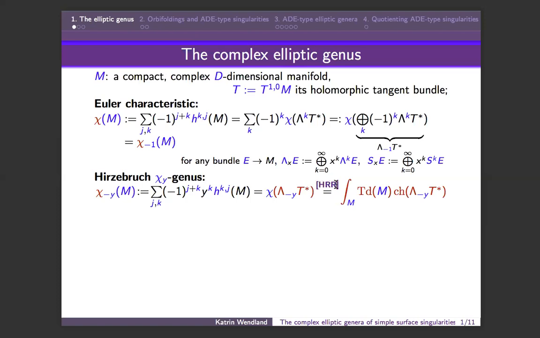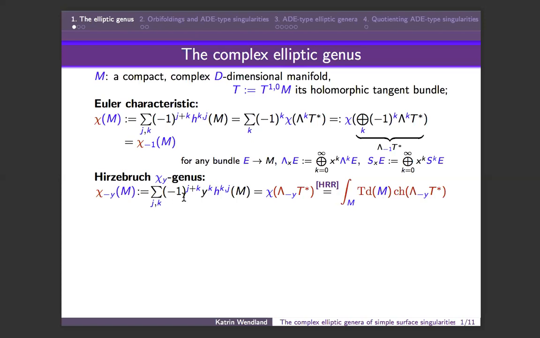So using a Hirzebruch-Riemann-Roch index theorem, you can actually calculate these invariants by taking an integral over the full manifold and then integrating over local expressions. So if you've never seen this before, never mind. But these are expressions that we can calculate from the local data on the manifold, known in terms of so-called characteristic classes. So that's the chi_y genus.